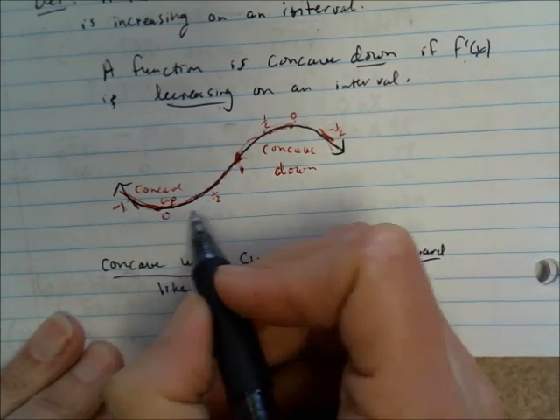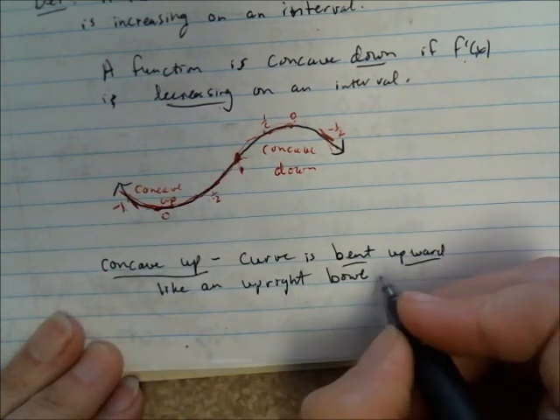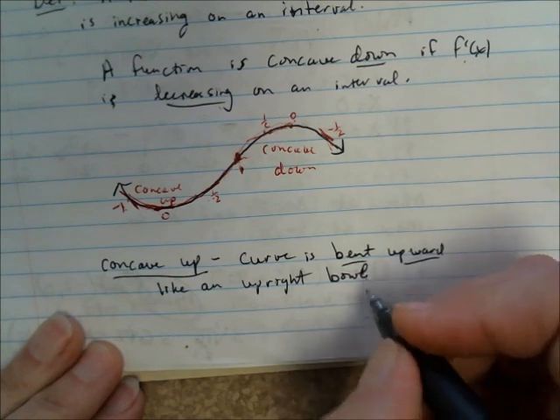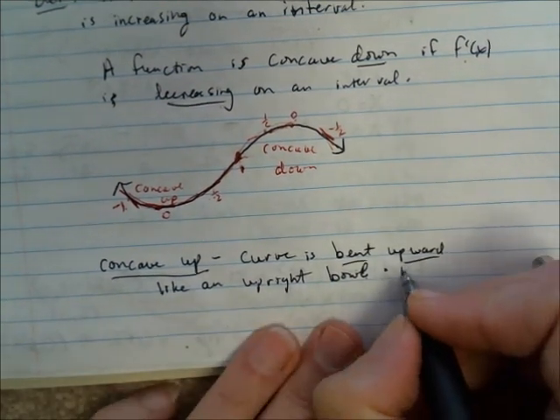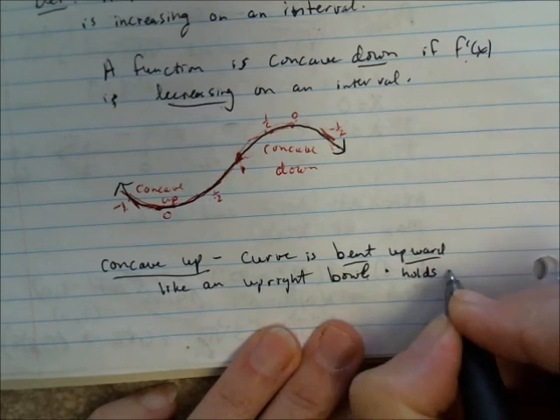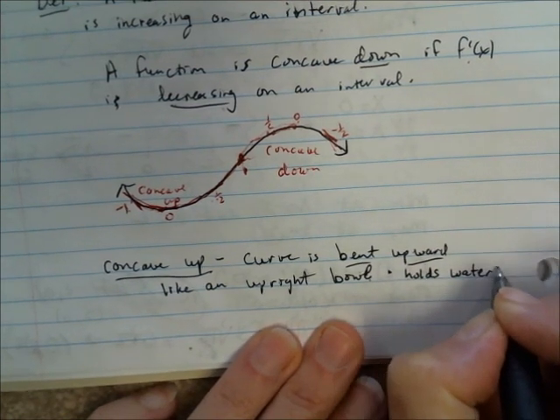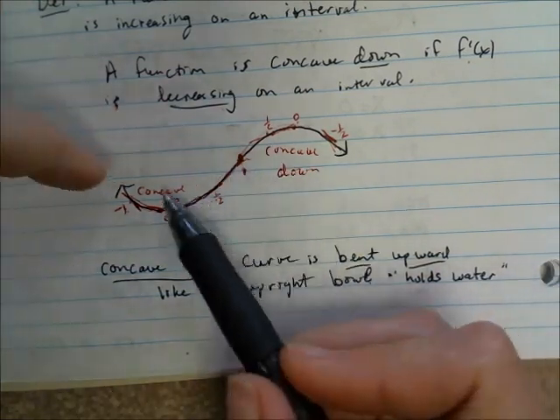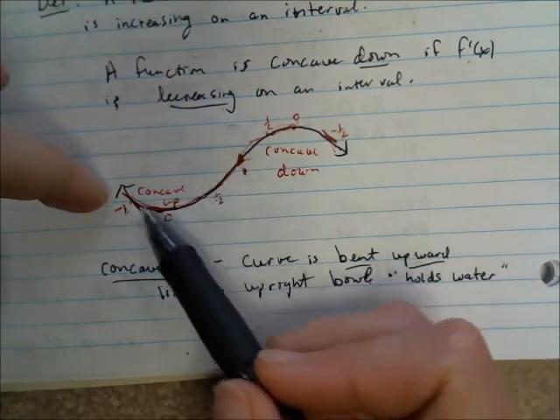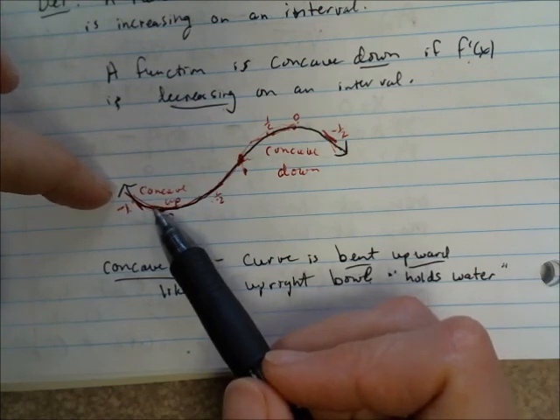And you can kind of see that this is like an upright bowl. And sometimes they refer to concave up just casually as it holds water. So in other words, if you poured water into this, the water would stay in here because it's concave up.